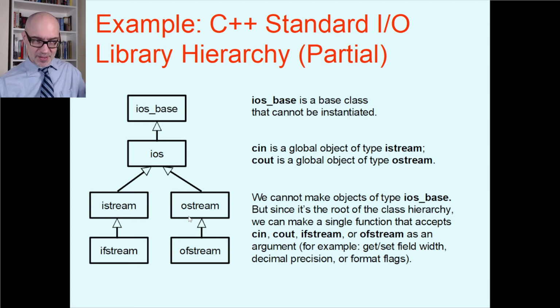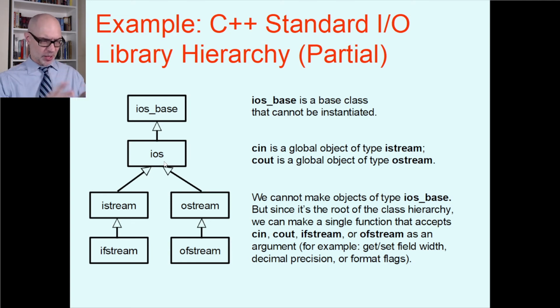Now, where does that stuff come from? Both of these branches, and there's other stuff I didn't even put on the slide here. I mean, there's fstreams we didn't talk about, and there's a generalized iostream class, but let's not worry about that. Further up the class hierarchy, both of these branches are actually inheriting from a class called ios, which is just a generalized class for the input-output system.